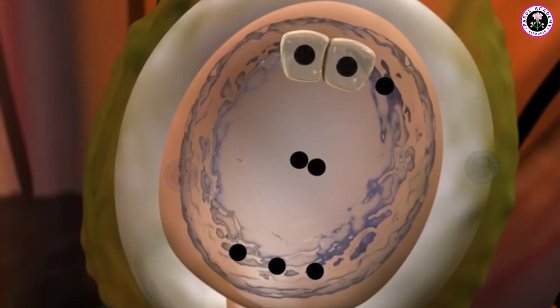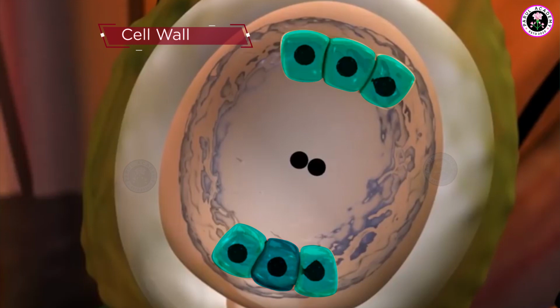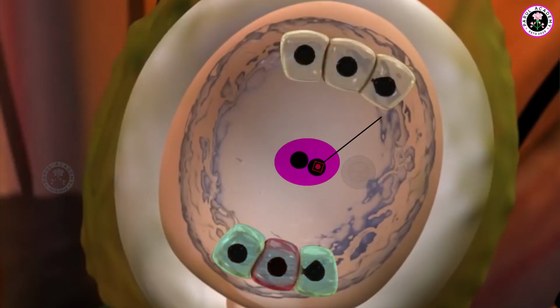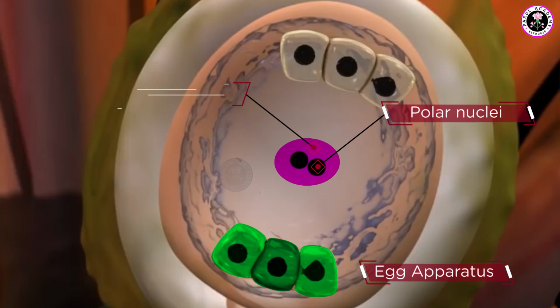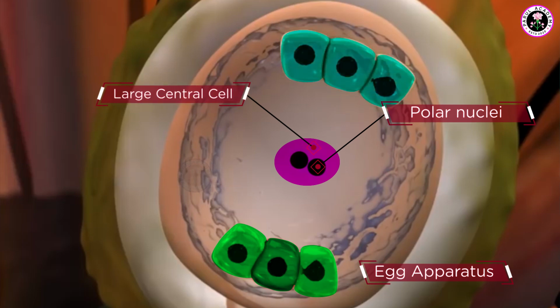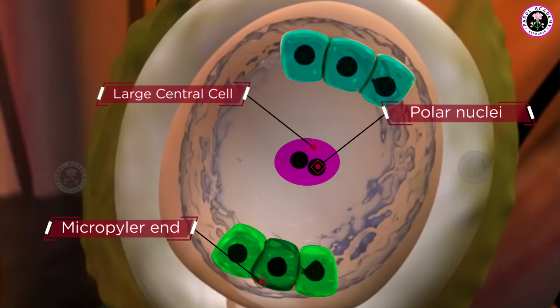6 of the 8 nuclei are surrounded by cell walls and organized into cells. The remaining 2 nuclei, called polar nuclei, are situated below the egg apparatus in the large central cell. 3 cells group together at the micropylar end and constitute the egg apparatus.